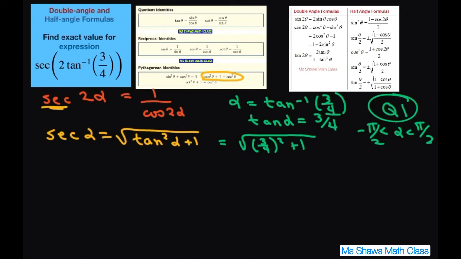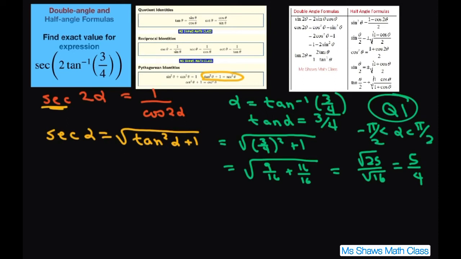And this equals square root of 9/16 plus, and I'm going to go ahead and write this one as 16/16. And that equals square root of 25/16. Square root of 25 over square root of 16, I'll break it up. So that equals 5/4. So secant of alpha equals 5/4.